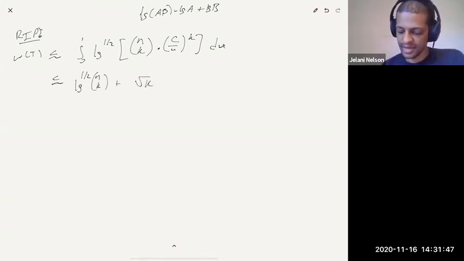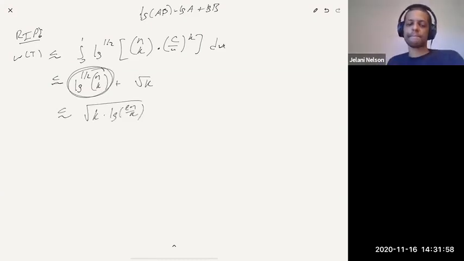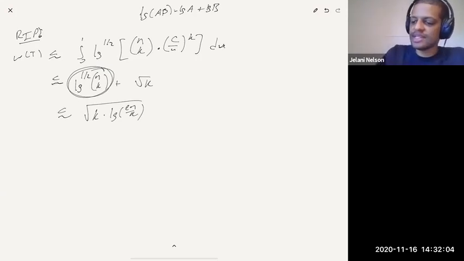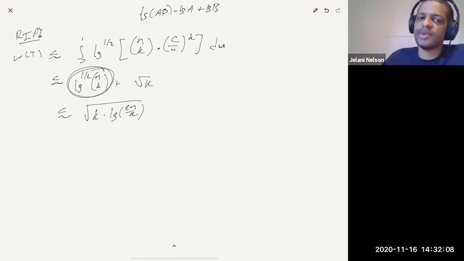And this is basically the dominant term. So this is going to be at most root of k times log of en over k or something. Okay. So enough of all that. Let's now prove Gordon's theorem. But before I prove Gordon's theorem, does anyone have questions?